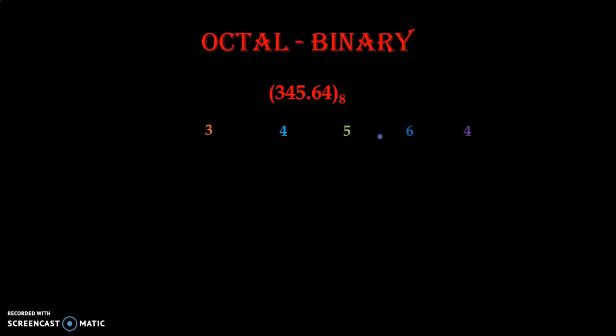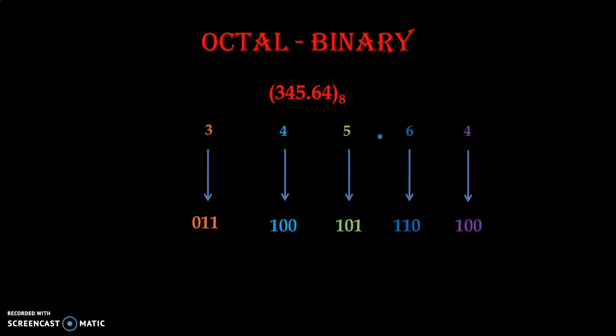Now we need to convert each individual octal digit into a binary number in groups of 3. So 5, we know that it is 101, 4 is 100, 3 is 011, and in the same way for the fractional part, 6 is 110, and 4, again we know that it is 100, right?